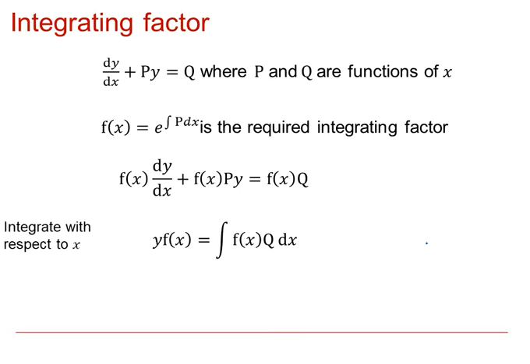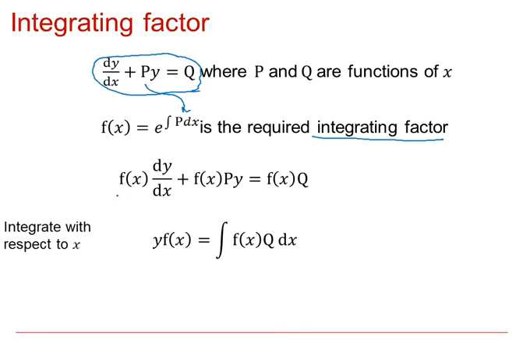So the things to look out for in summary: make sure you've got the correct form of the differential equation. It must be dy by dx plus a function p of x times y equals a function q of x on the other side. Once you have identified p of x, then find your integrating factor and multiply both sides by that integrating factor.